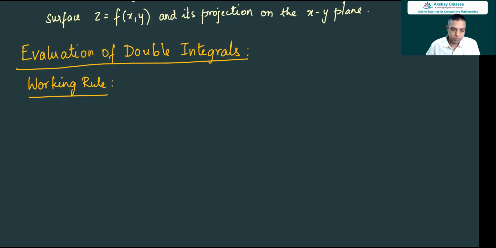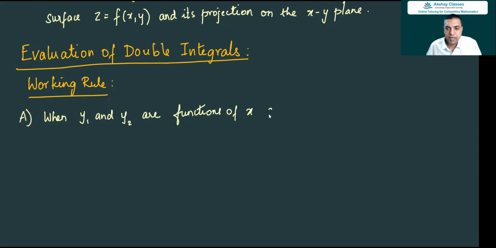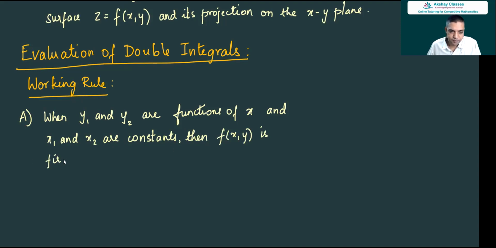All right. So first one, when y1 and y2 are functions of x and x1 and x2 are constants, then f of x comma y is first integrated with respect to y, keeping x constant, or treating x as constant.